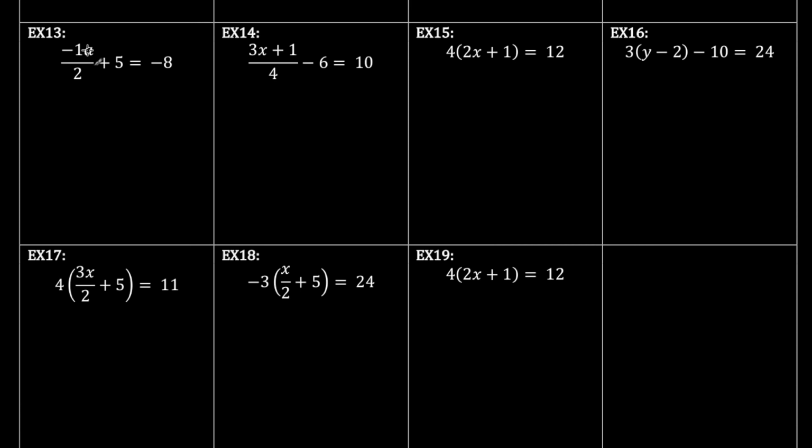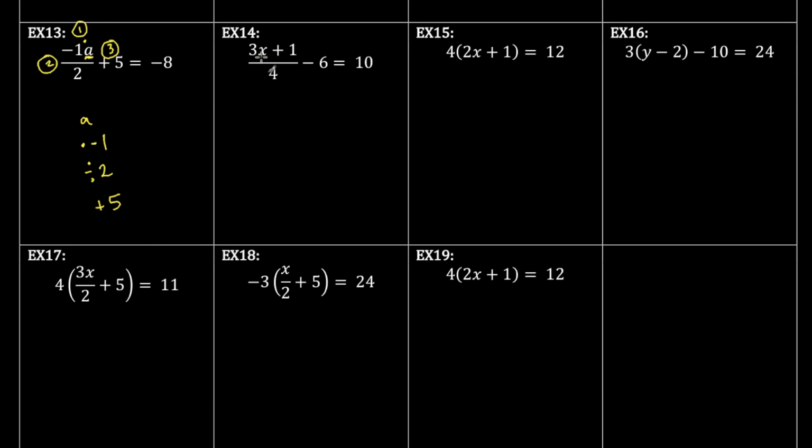In this problem, we have a. We multiply by -1. That is our first step. Our second step is to divide by 2. And our third step is to add 5. And then we get -8.